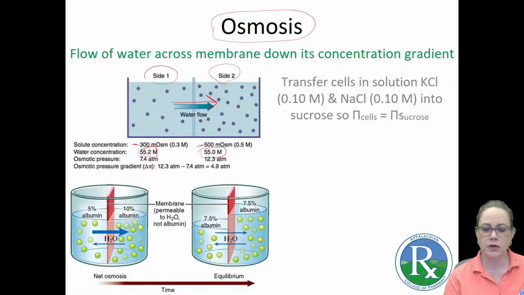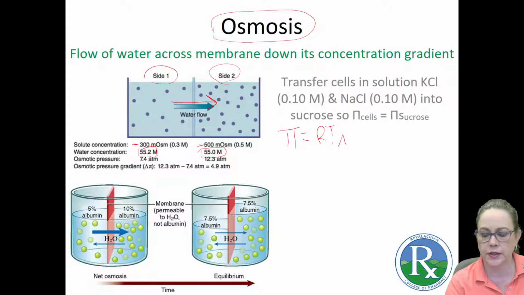So in this scenario, let's say we have cells, and this is always the scenario I'm going to give you. I just changed the numbers. So if we have our cells in a potassium chloride and sodium chloride solution, remember that with our osmotic pressure, it was our RT times IC. Our I is the number of particles that our solute is going to dissociate into, and C is our concentration.